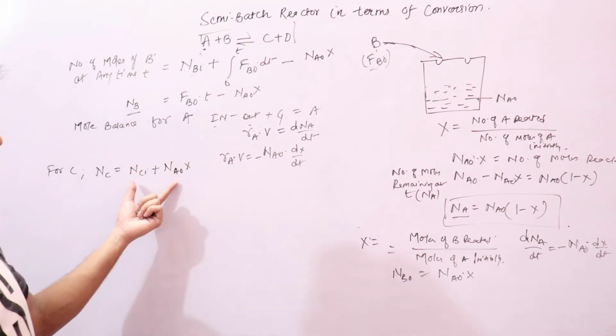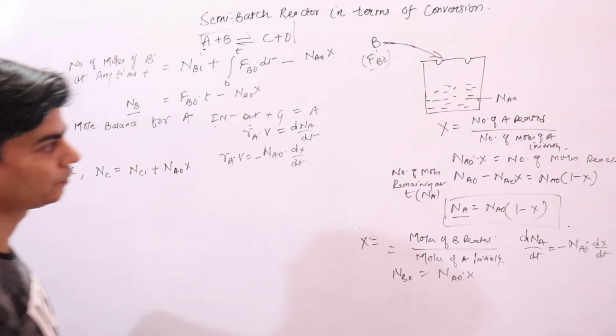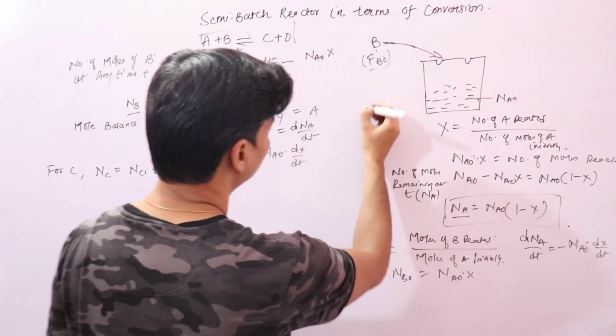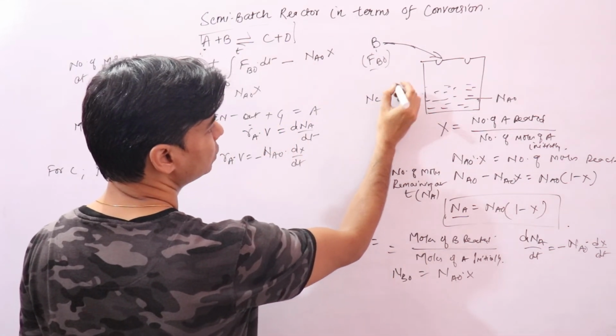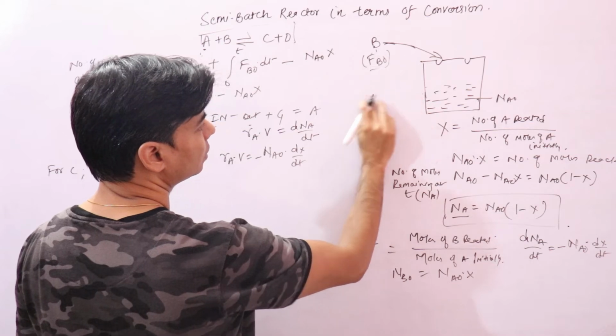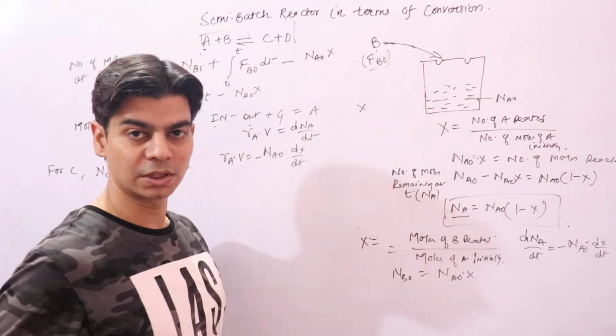So the number of moles of C that has formed is equal to, sorry, we are doing it in terms of conversion.